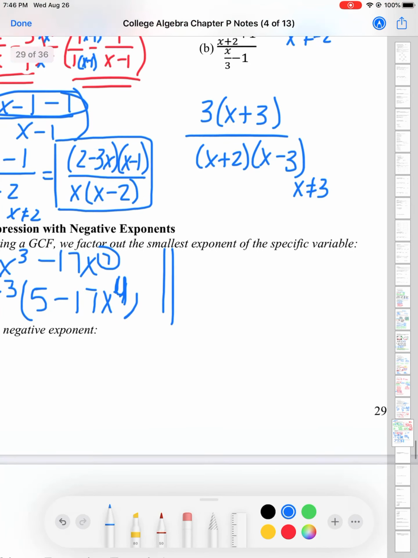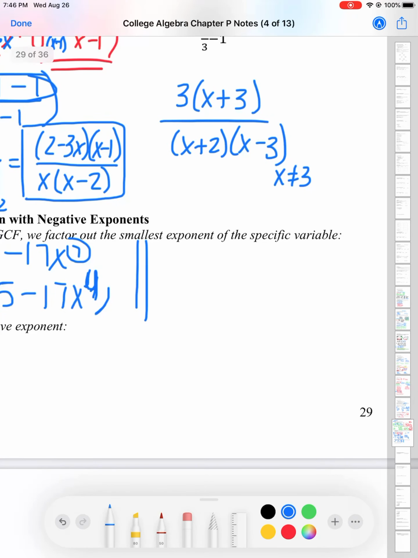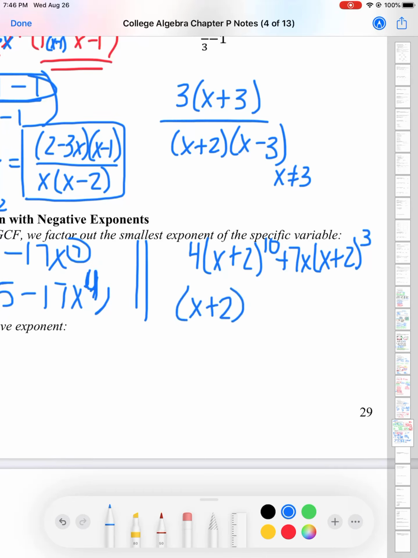First I wanted to show you it could work the same way if I gave you an example like 4 times x plus 2 to the 10th plus 7x times x plus 2 to the 3rd. We can still factor out that x plus 2 even though it's a binomial we're factoring out.